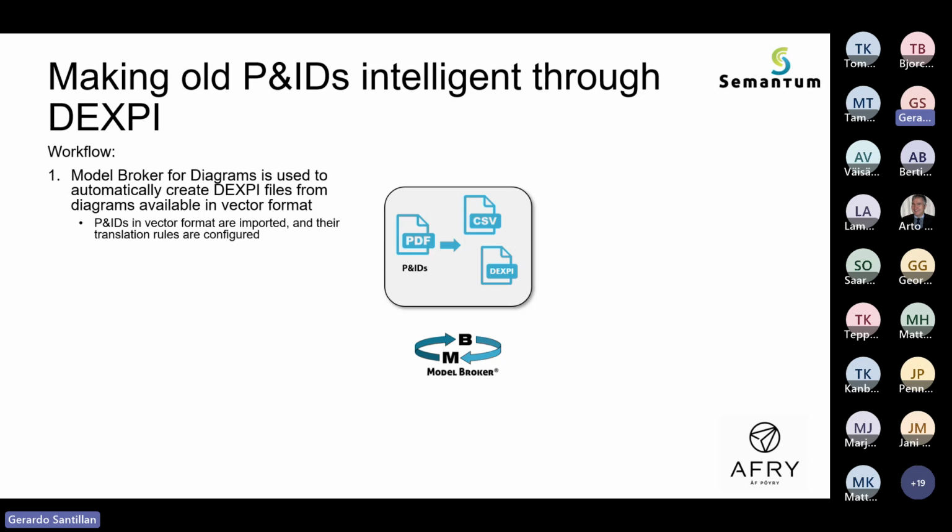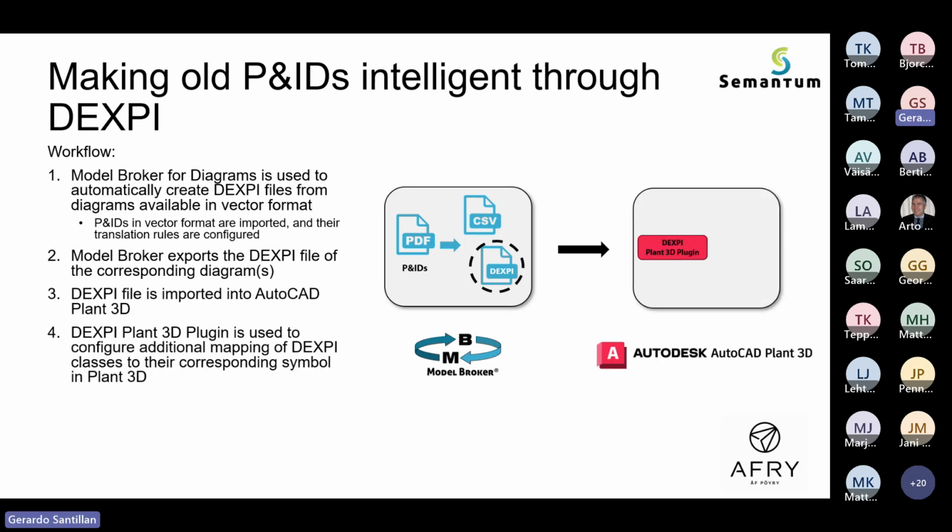Then we create the DXP XML file exported from Model Broker, and we import it into AutoCAD Plant 3D. AutoCAD Plant 3D has this DXP Plant 3D plugin, a kind of wizard that can be configured so that you can map symbols or different classes available in the XML of the DXP, and then import them into the corresponding symbol of Plant 3D.